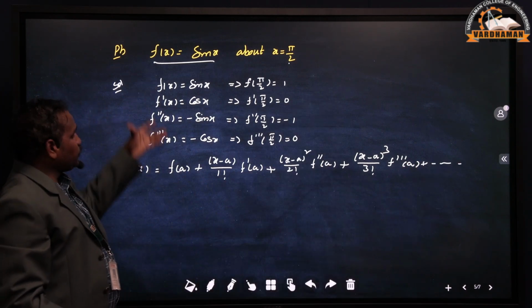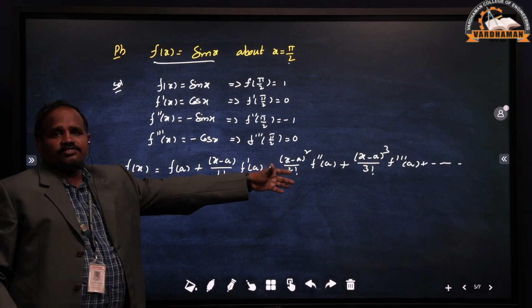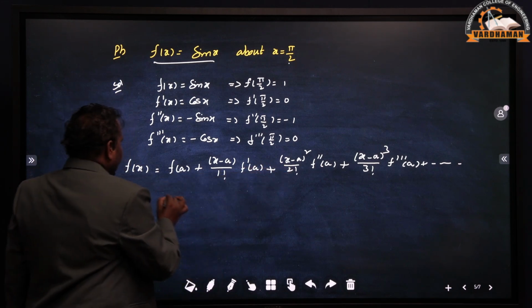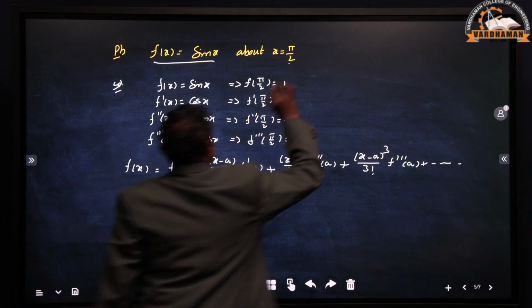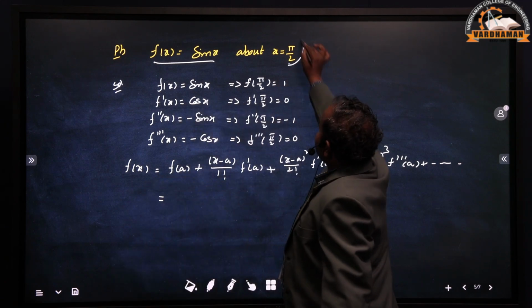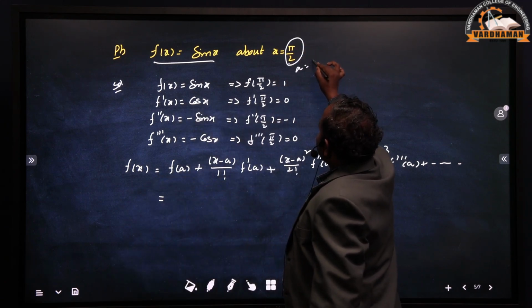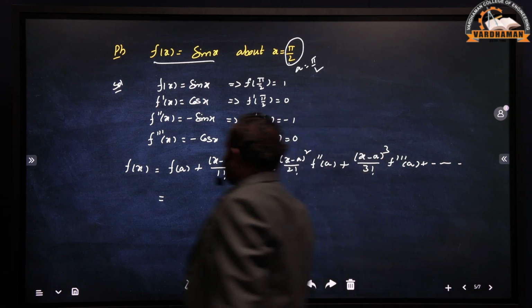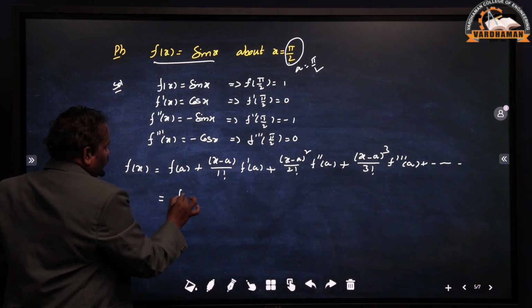Here I calculated only three derivatives, and that's why I wrote the formula up to the third derivative. Here we are expanding the Taylor series about pi/2, so this is the value of a.